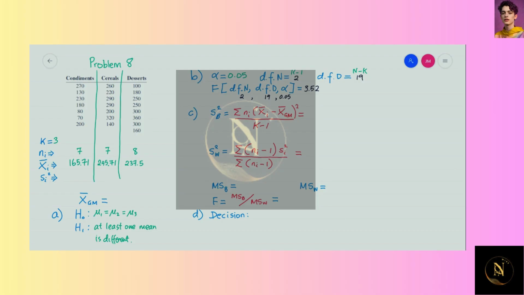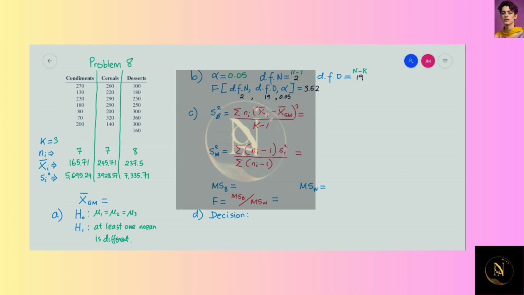Also, from working it out on the calculator, you'll find that the variance for condiments is 5,695.24. For cereals, it is 3,928.57. For desserts, it's 7,335.71.